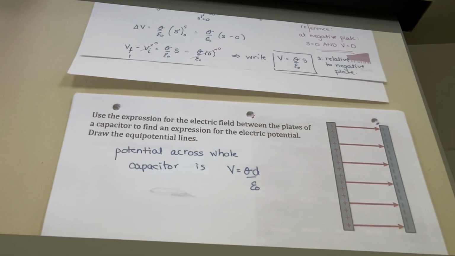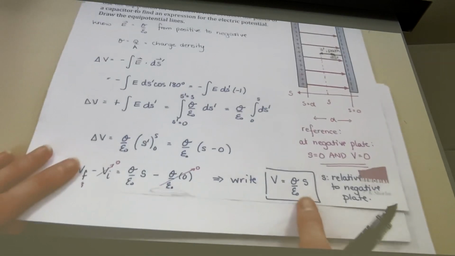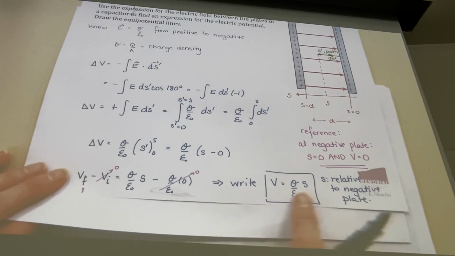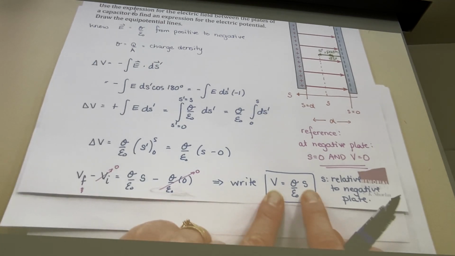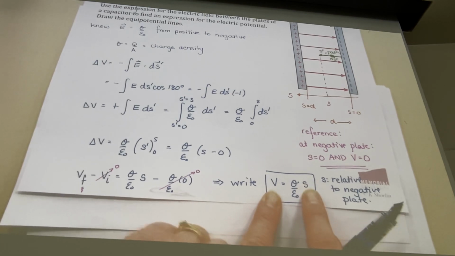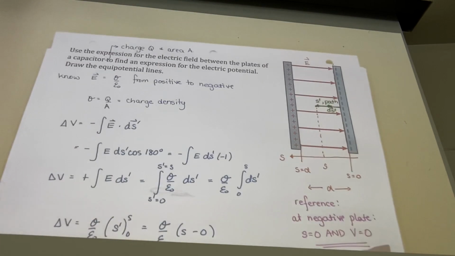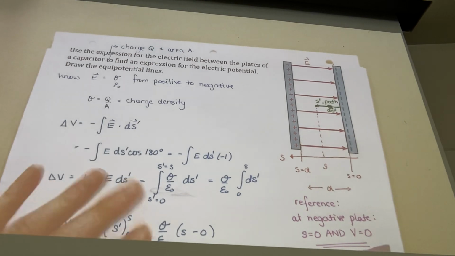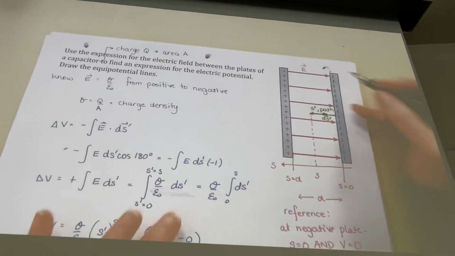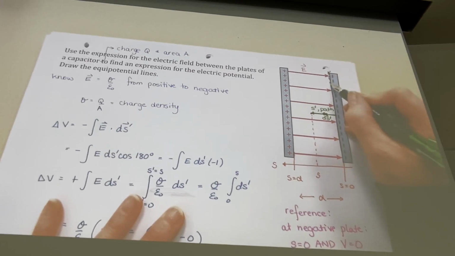Okay, we're also asked to find the equipotential lines. So let's look at this result. The potential is a constant times our distance from the plate. If we want V to be constant, s has to be constant. So our equipotential lines will happen wherever we're a constant distance from the plate. So if we wanted to draw that, the first line where we're a constant distance from the plate can be at s equals 0.